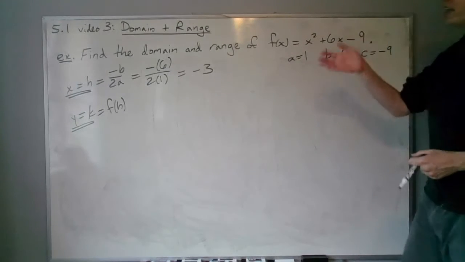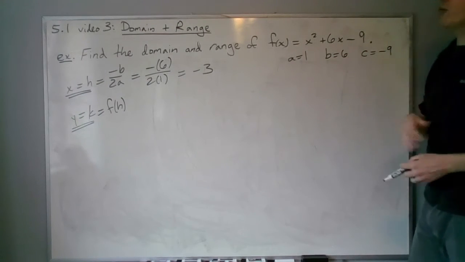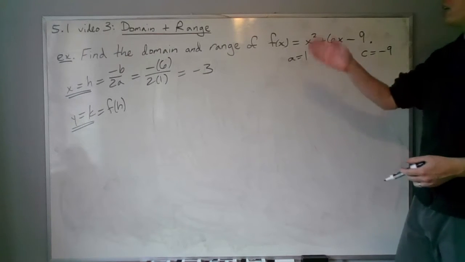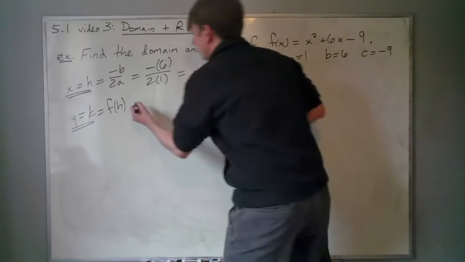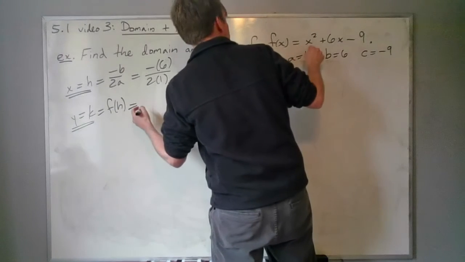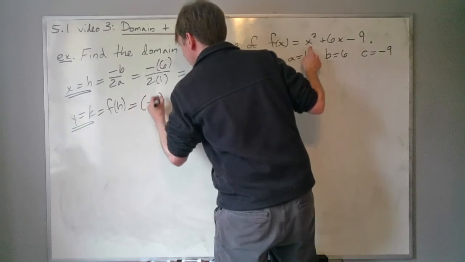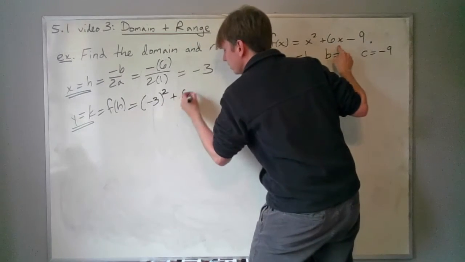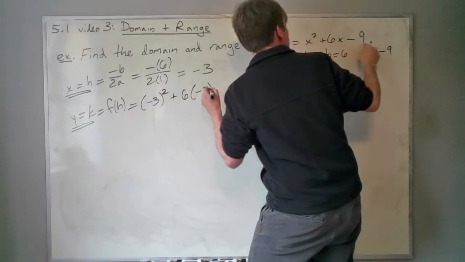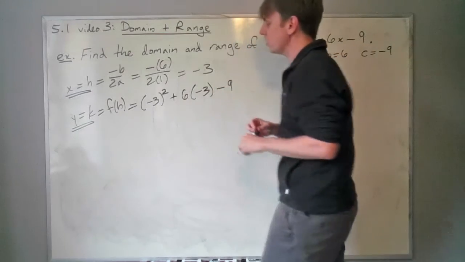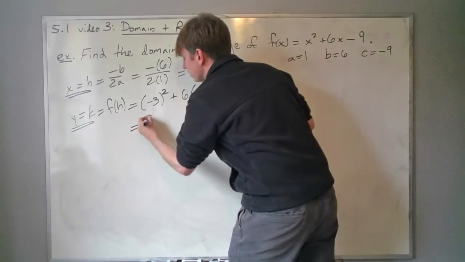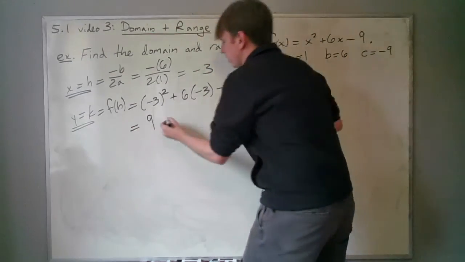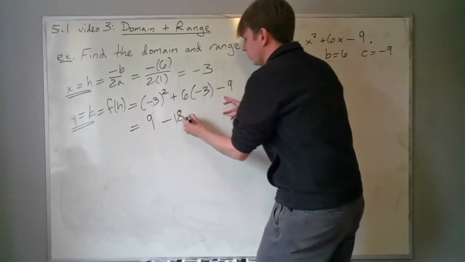So we found our h, which is minus b over 2a. We want to find our k, which is just plugging our h into the formula. So we know h is -3, so we have -3 squared plus 6 times -3 minus 9. Okay, so -3 squared would be positive 9. 6 times -3 is -18, and a minus 9.